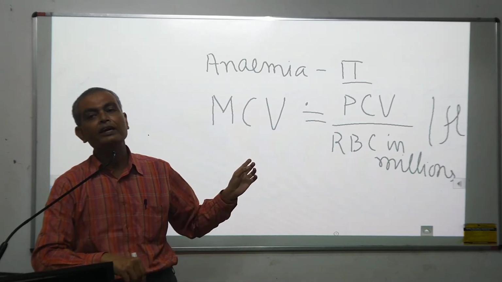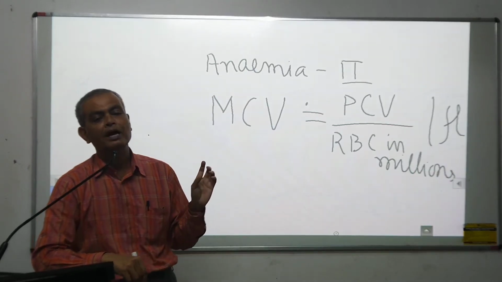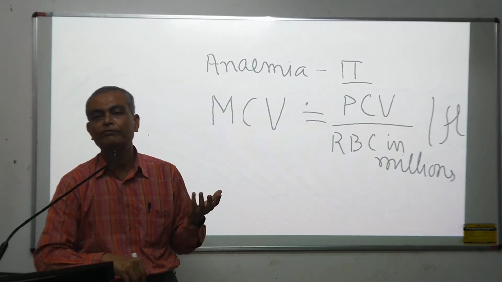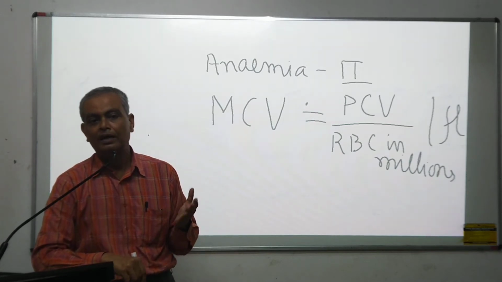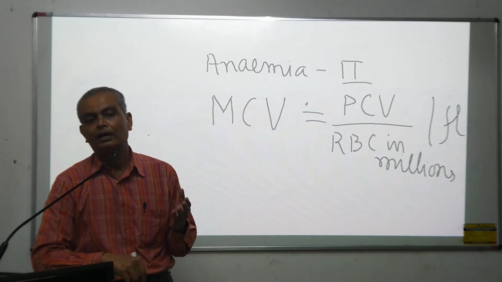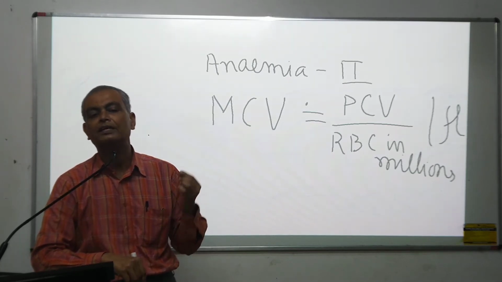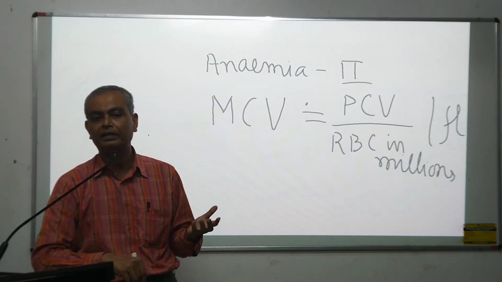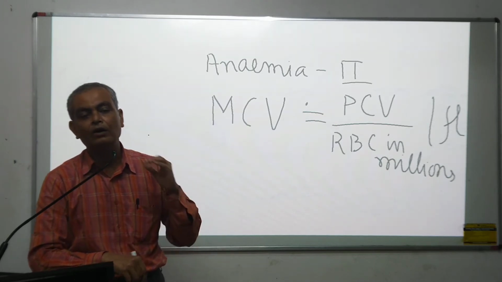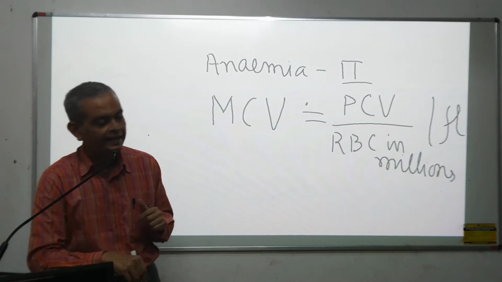So PCV, the average packed cell volume, is approximately 0.45, that is 45. And RBC in million, if you consider both male and female, is approximately 5 million per cubic millimeter. And then the whole thing will be multiplied by 10.